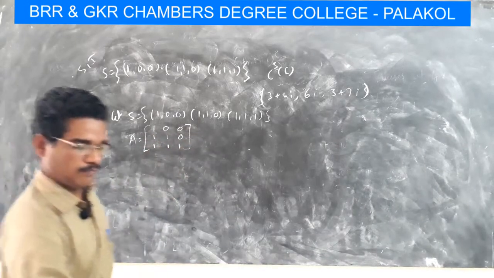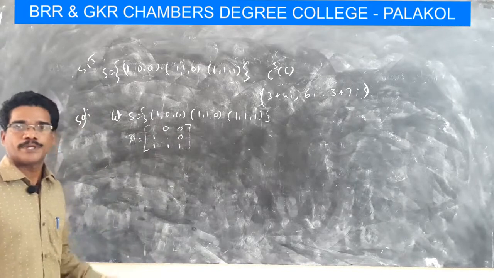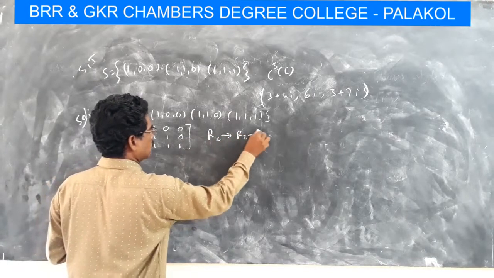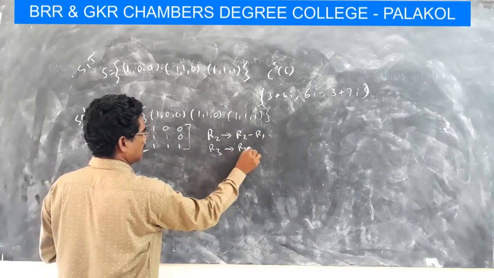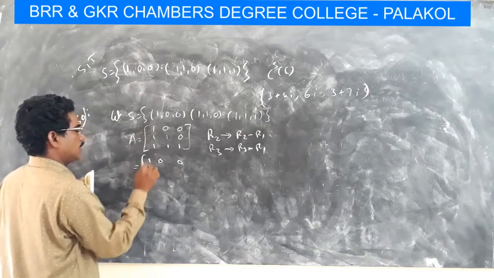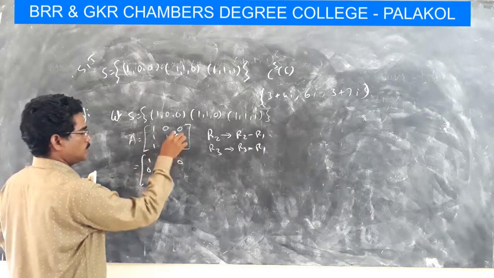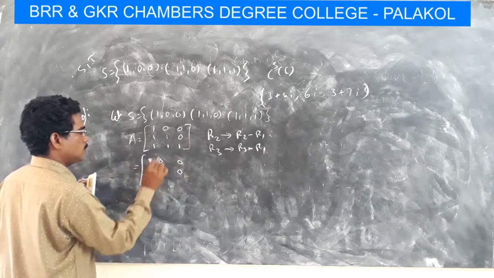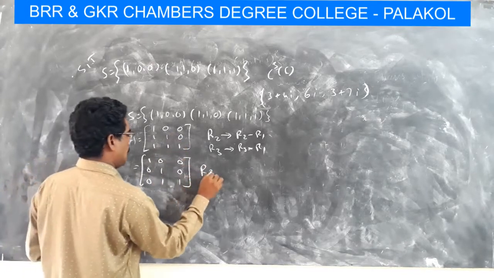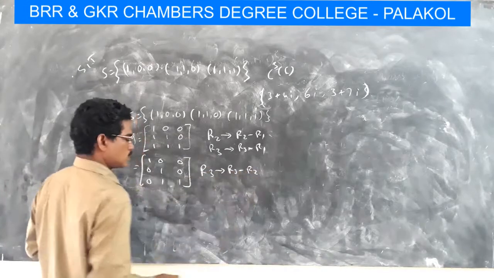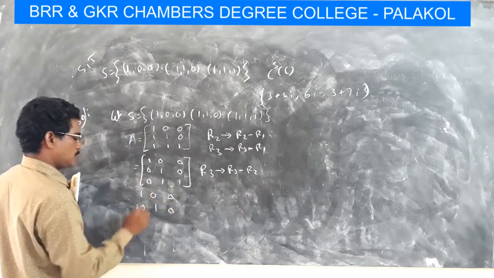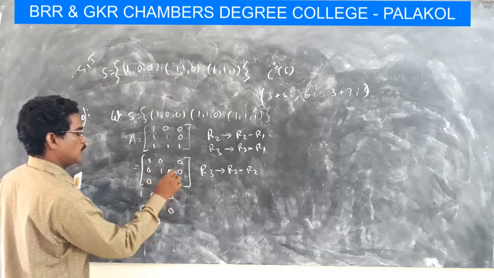Now reducing to echelon form, applying R2 to R2 minus R1 and R3 to R3 minus R1, then applying R3 to R3 minus R2, we get [1 0 0; 0 1 0; 0 0 1].